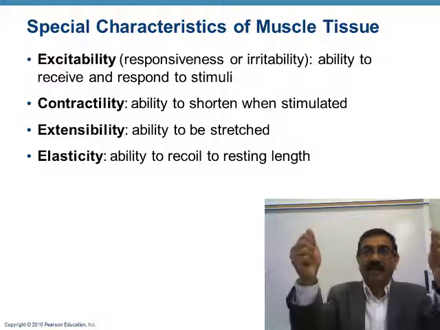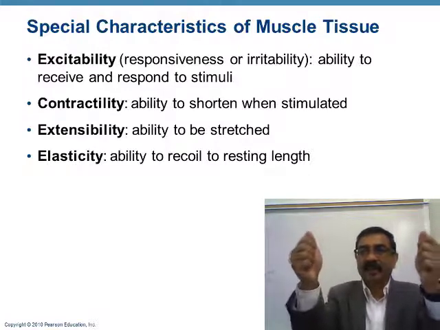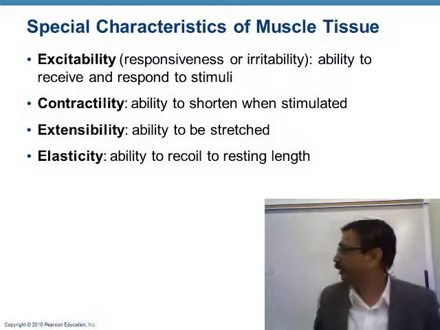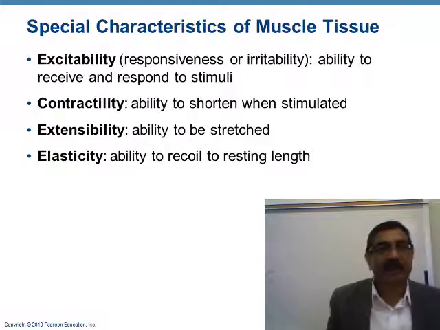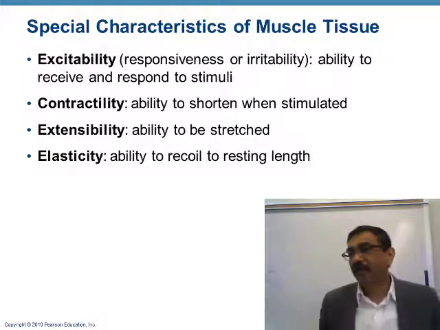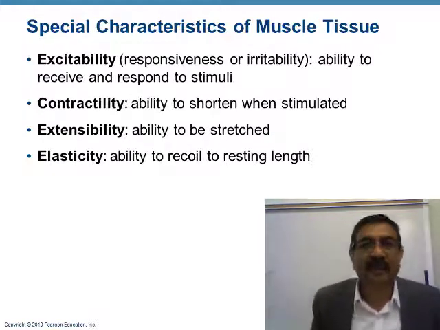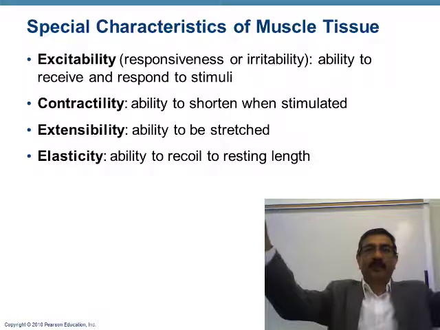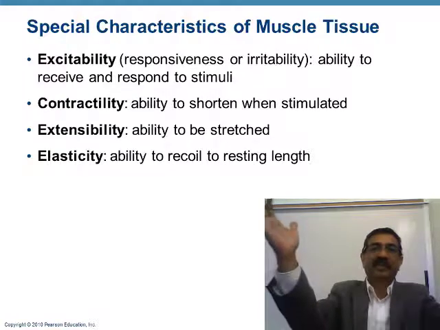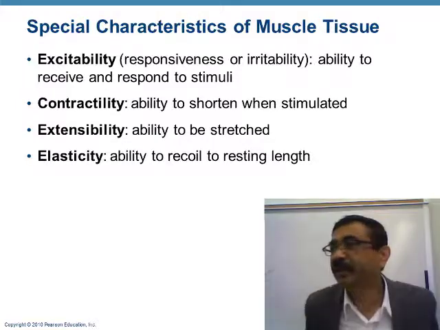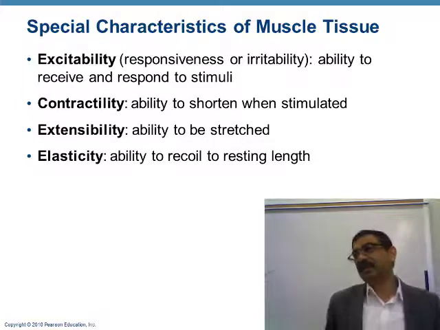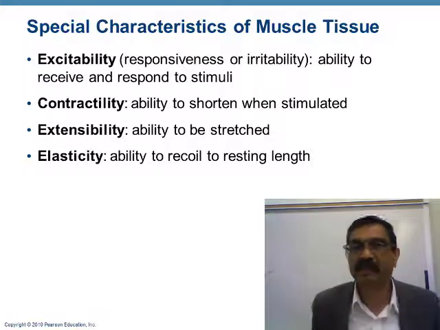That is the extensibility, the ability to get elongated or stretched, or the ability to get longer. Then after you remove that pressure, what happens? Muscle gets back to its actual shape, recoils. The ability to recoil is called the elasticity.